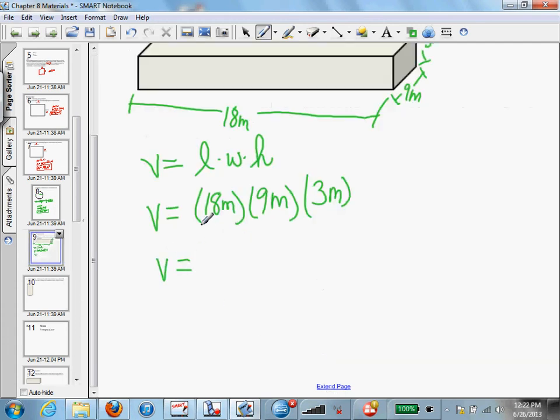So V is going to equal, if we multiply these together, we're going to have meters cubed, all volumes in meters cubed, and that is going to be 486 meters cubed. And since the pool holds 486 meters cubed volume-wise, and 1 meter cubed equals 1 kiloliter, the pool can hold 486 kiloliters of water.